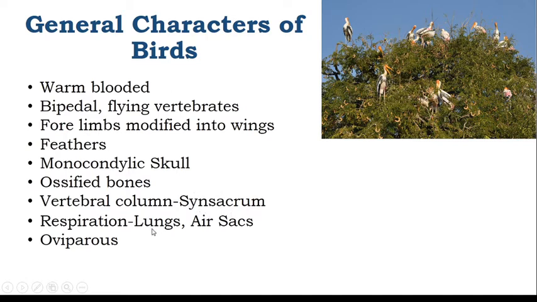Respiration is through the lungs, which are highly modified, having air sacs, and they are oviparous, egg laying animals. So these are some unique characters of the birds I explained before going to the adaptations of the birds in flying.